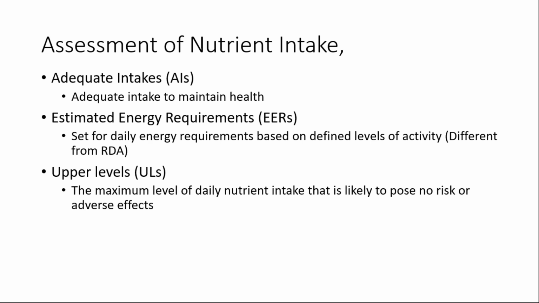We also have upper levels, which should not be exceeded, because this is the maximum level of the daily nutrient that is likely to pose no risk or adverse effect. If you take more than the upper levels, then there may be a problem. So whenever there is a recommendation, you will see the recommended dietary allowance, you will see the EAR, and you will also see the upper levels.